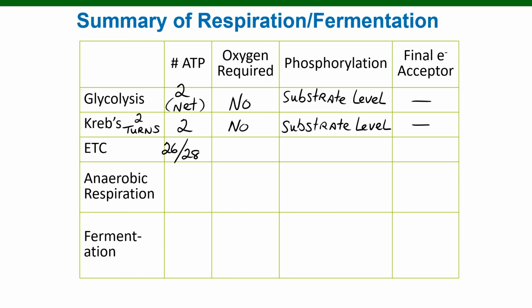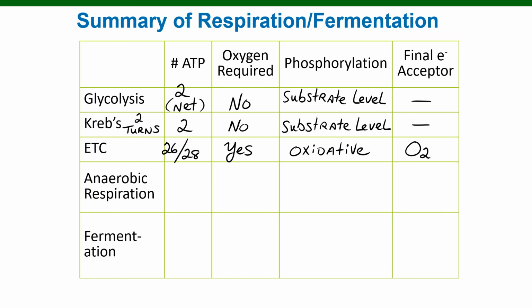And oxygen is required. Remember, O2 is the final electron acceptor in aerobic respiration. And the phosphorylation events are oxidative. So a series of electron-carrying complexes will pass electrons through it, and oxidatively ATP will be formed. And we know the final electron acceptor is O2 for aerobic respiration.